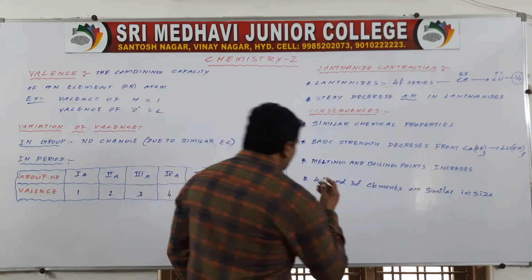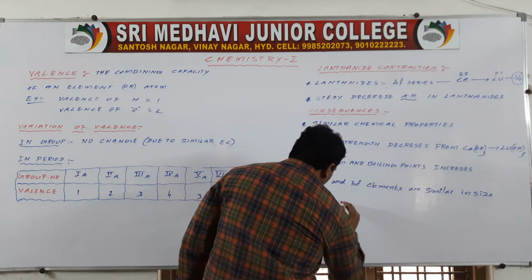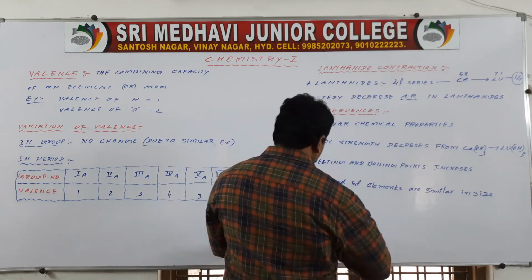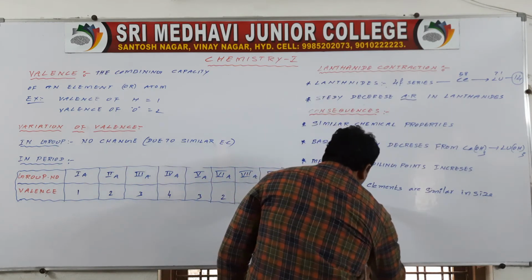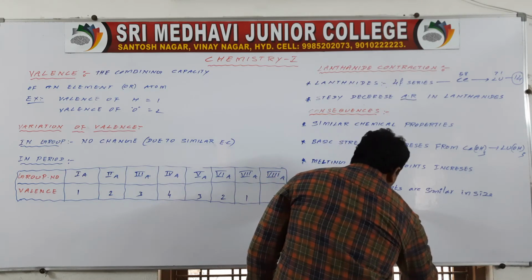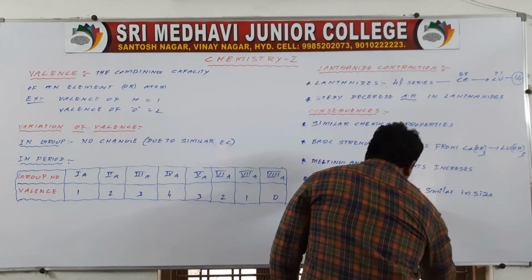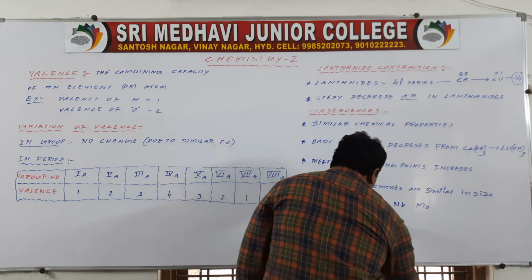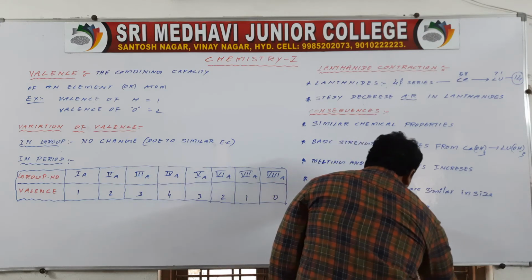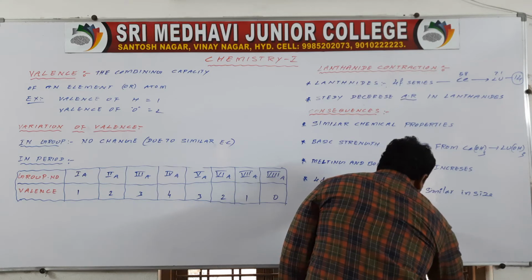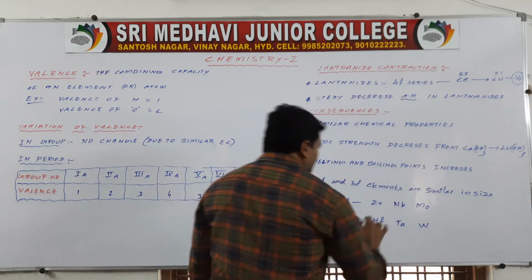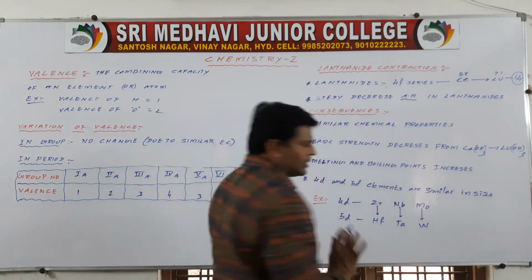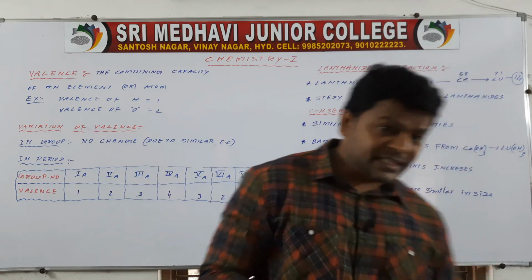For example, in 4d I am taking zirconium, niobium and molybdenum. In 5d I am taking hafnium, tantalum and tungsten. These pairs are similar in size.